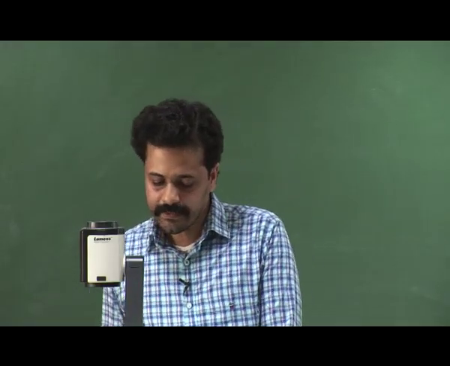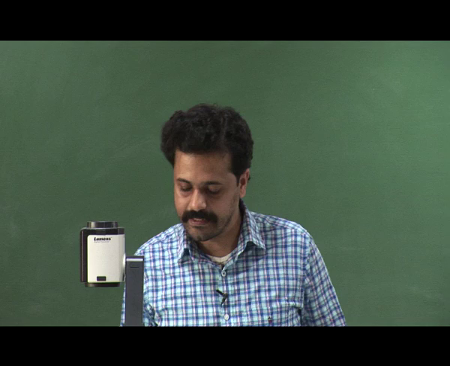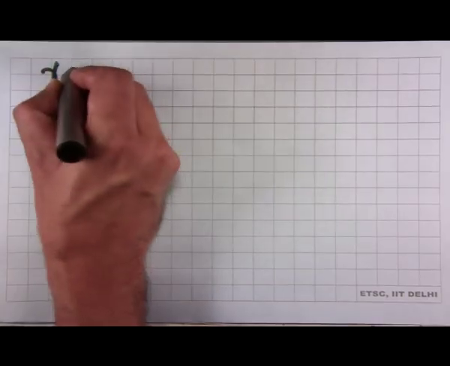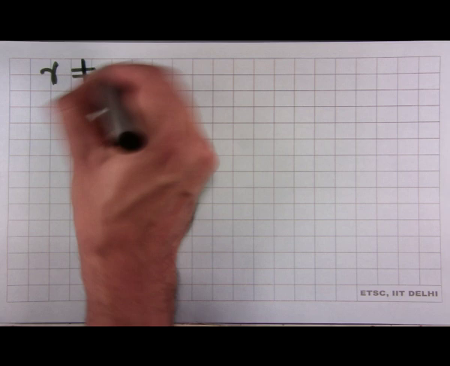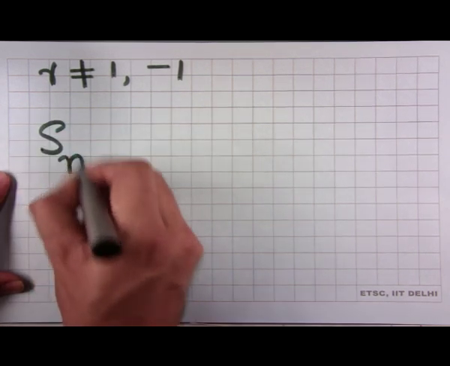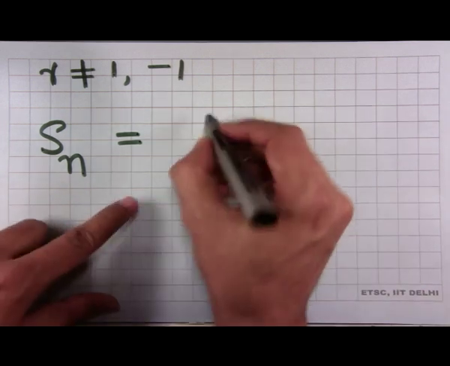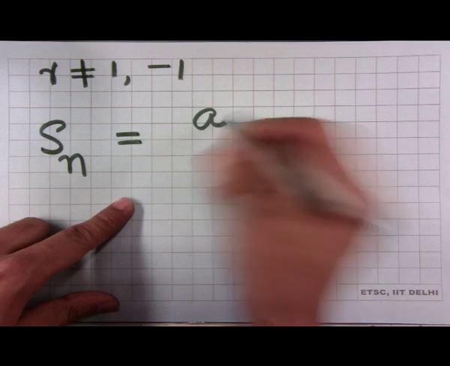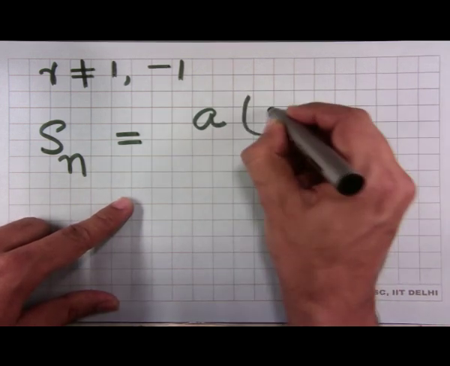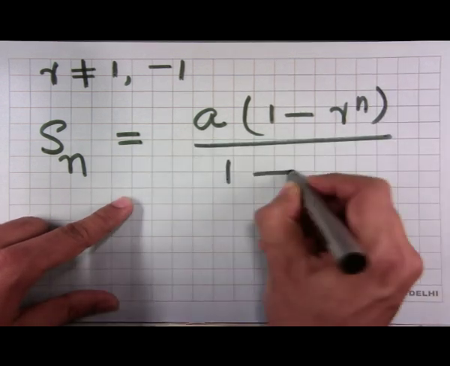Now, let us take the other case, r is neither 1 nor minus 1. Observe that in this case, the sequence of partial sums Sn takes the formula a into 1 minus r power n by 1 minus r.